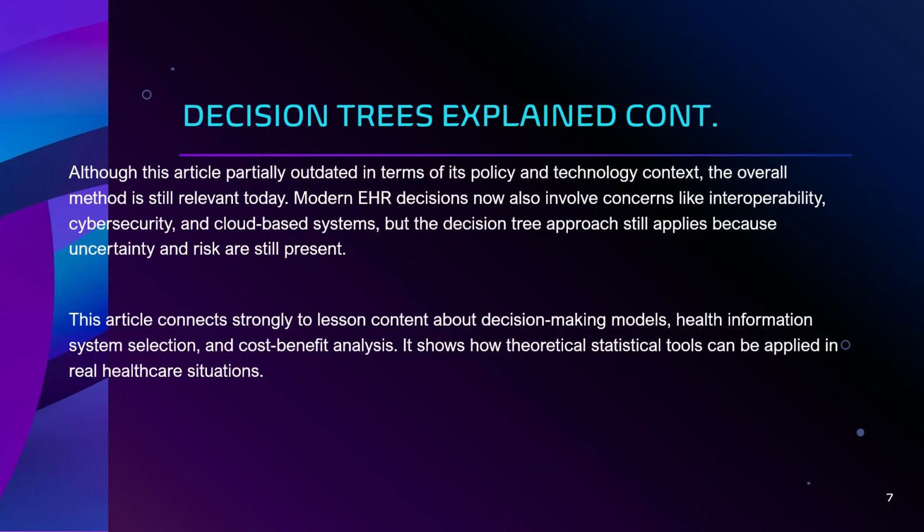However, my takeaway here is that the decision tree methodology itself still remains current and widely applicable, because the framework that helps to evaluate uncertainty and expected value is still used today in healthcare informatics and operations management, and it gives that visual view of how institutions are able to decide on the probability and the outcomes in decision making and implementing the EHR system.